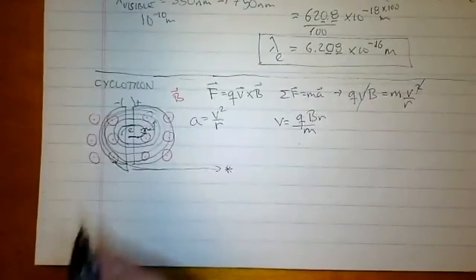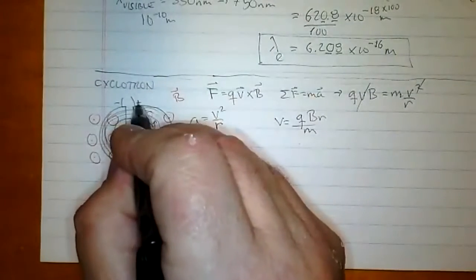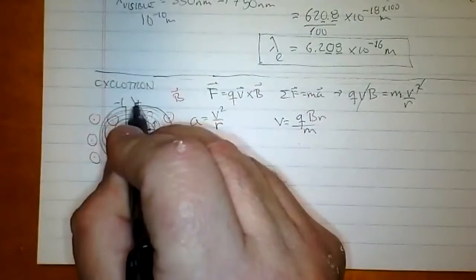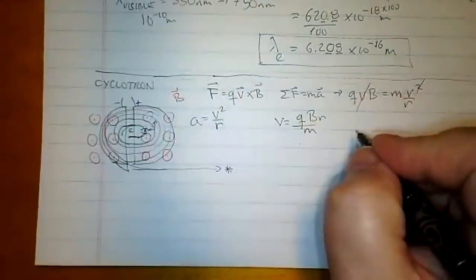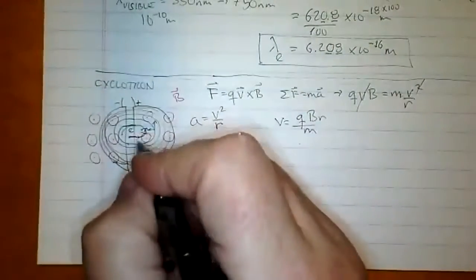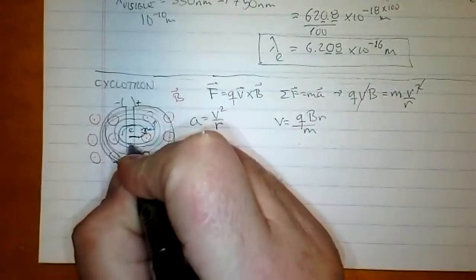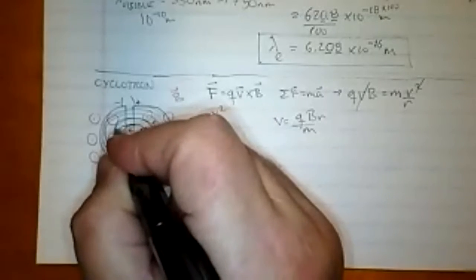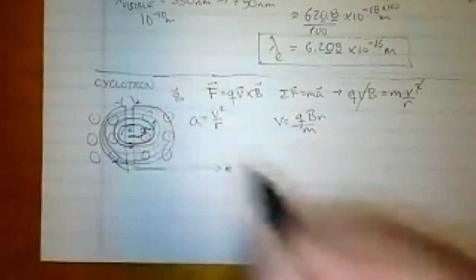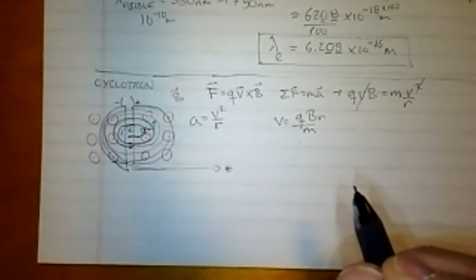Well, what you need to know is really, how frequently do I have to switch this from positive to negative to positive to negative to positive to negative? Well, we're going to calculate the period for that reason. And the period would be the time required, let's say, to go from here all the way around to here. Okay, that's the period.